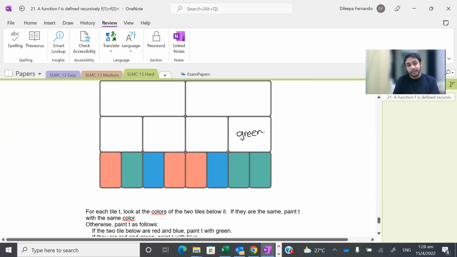And when you have different colors, the remaining color is used. For example, we have red and blue, so the remaining color is green. Here also we have red and green, the remaining color is blue. So that's how we do the coloring.